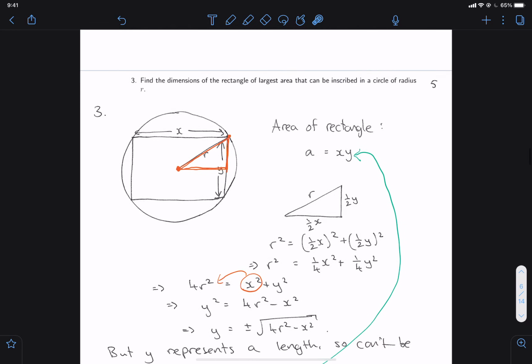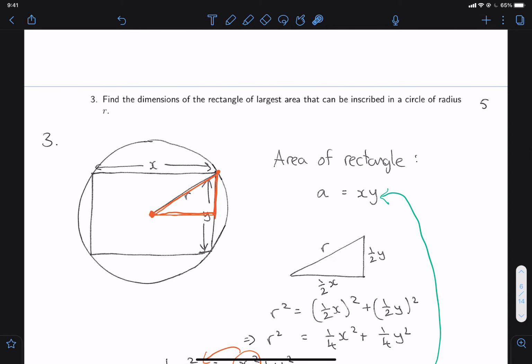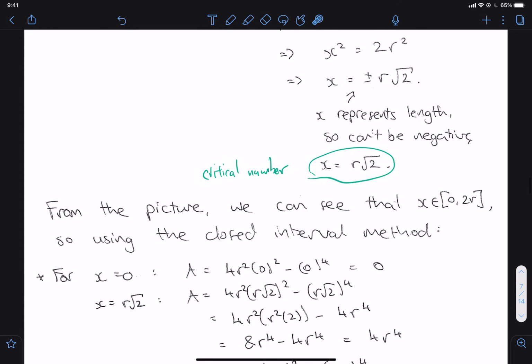That is because when you look back to this rectangle, you see that the length of this side x can be at most as long as the diameter here. It cannot exceed the diameter. So the maximum value that x can get is 2 times r, which is the diameter here. Okay, so that is why we have x in the range of from 0 to 2r.